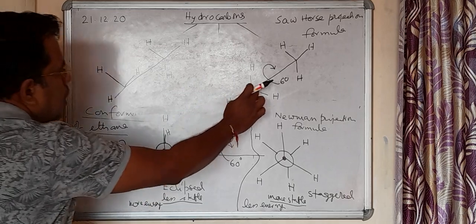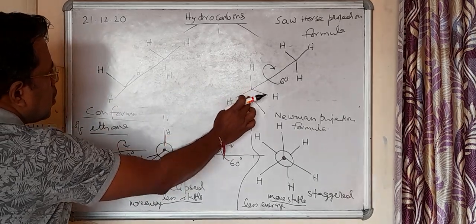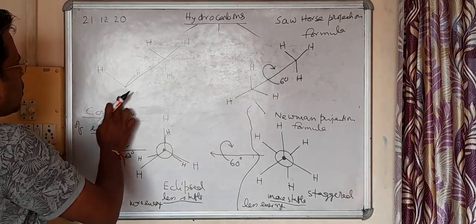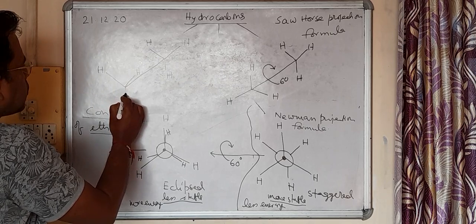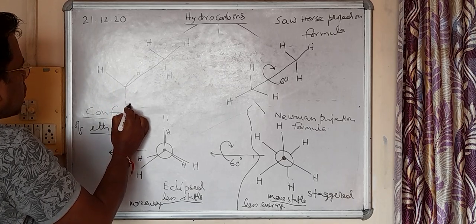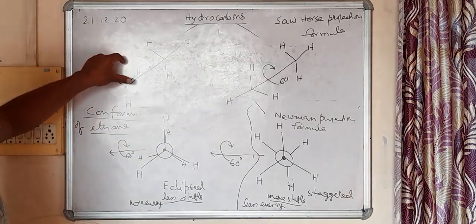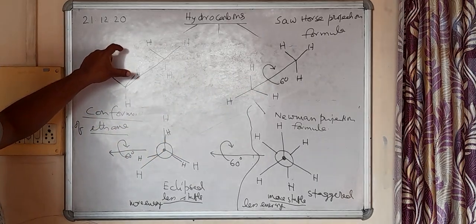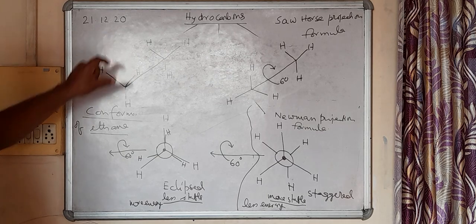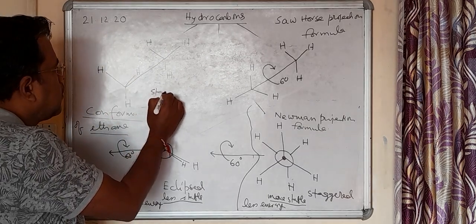So on 60-degree rotation, we get, according to Sawhorse, the staggered form.